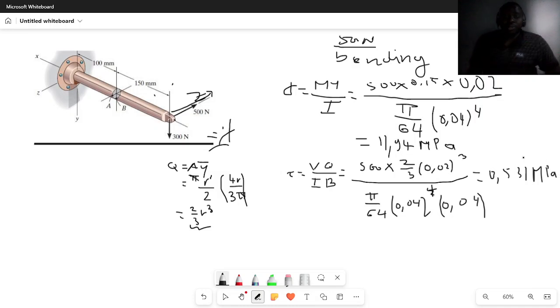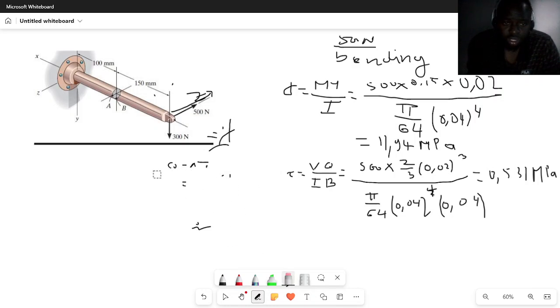Okay, this is what's happening here. What is next to do? You get the bending there, you get the shear there. Now can we see the effect of this bending?